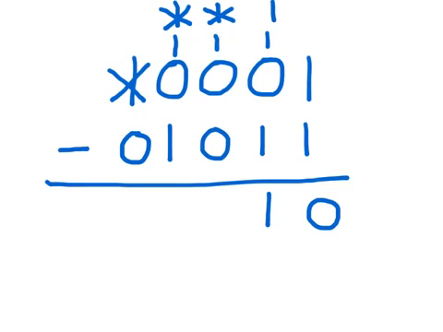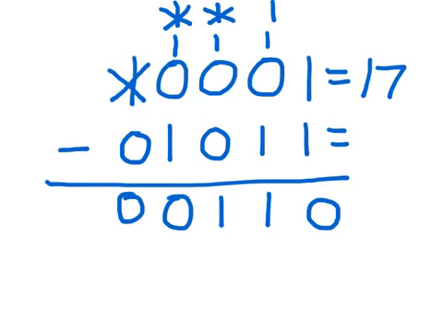Then we say 1 minus 0 is 1. We say that 1 minus 1 is 0, and of course 0 minus 0 is 0. And now we can check it to see if we're right. And we have 17 minus 11, which is of course 6. And you see how this works.